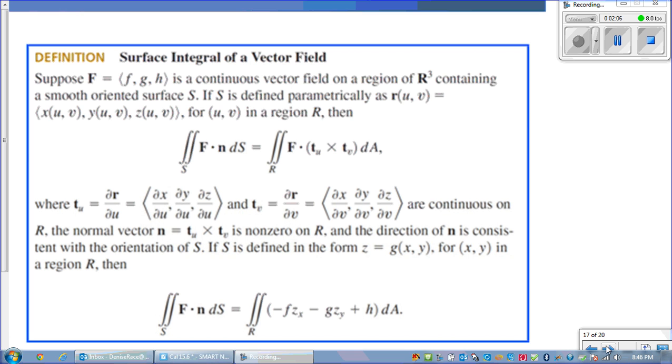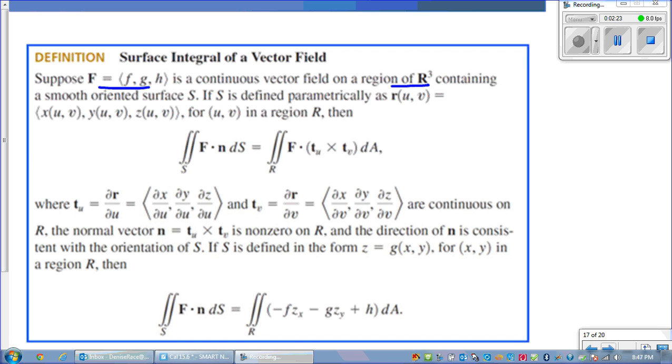Now, suppose we have a vector field defined as F, G, H, and it's a continuous vector field on a region in R3, and we have a smooth oriented surface. We have two forms that the surface can be given in.